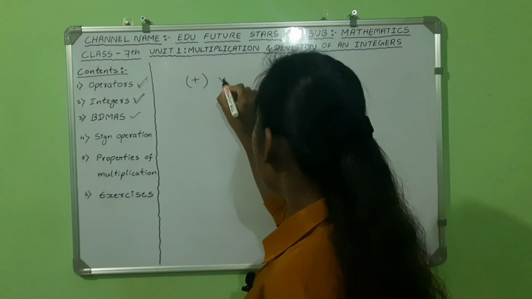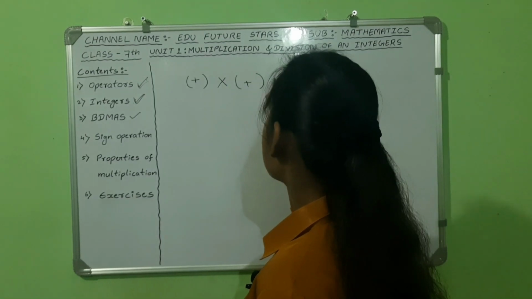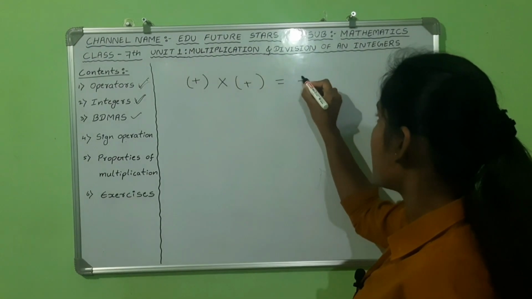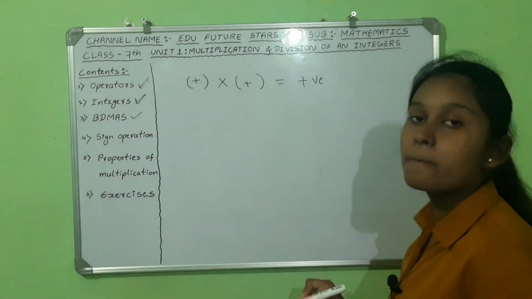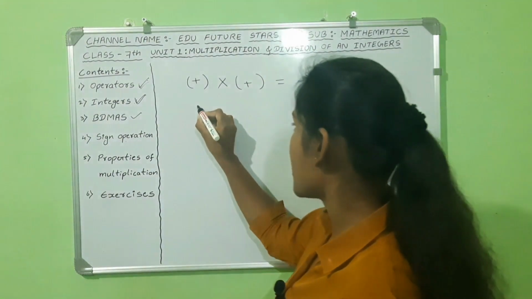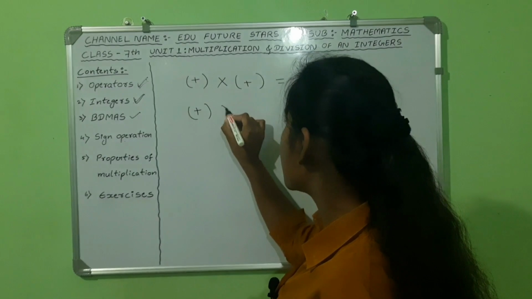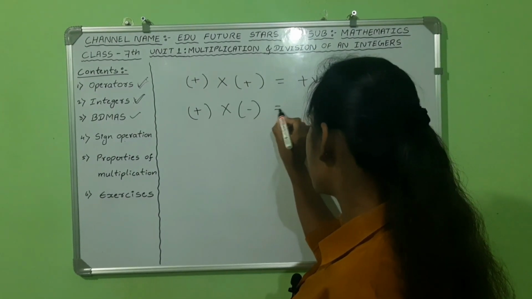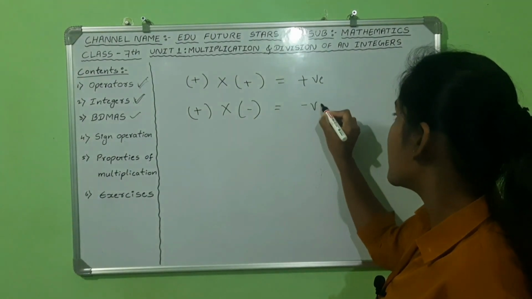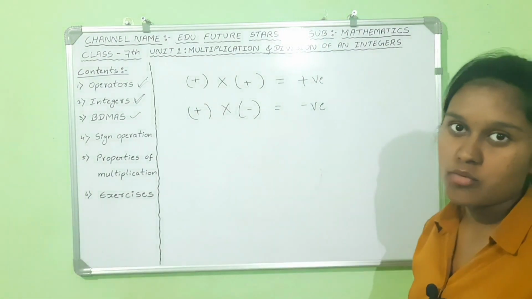Positive multiplied with the positive sign gives positive itself. The value will be positive. Next, positive multiplied with a negative sign, so in the output we will get a negative value.